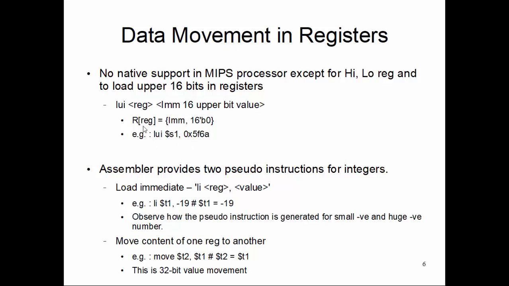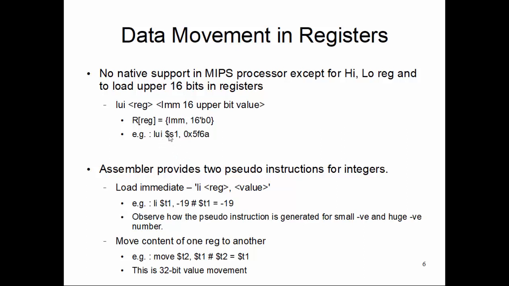The function will fill out the upper 16 bits of that register with the immediate bit pattern, followed by 16 zeros. So if there was some bit pattern in the lower 16 bits, it will be reset to 0, overwritten with 0, and the upper part will be the immediate bit pattern.